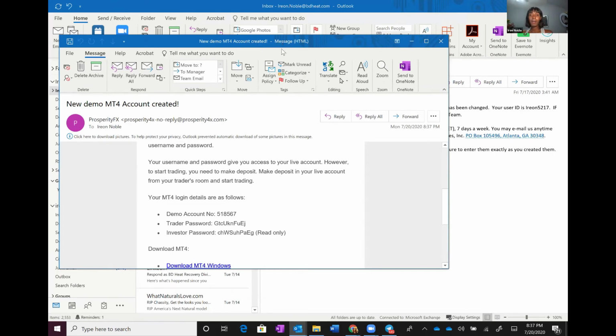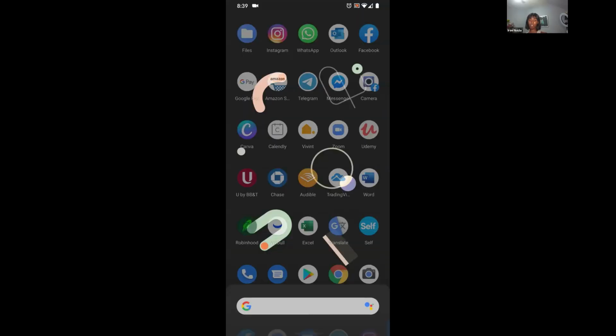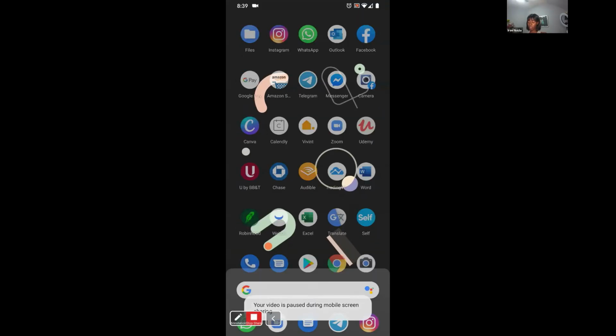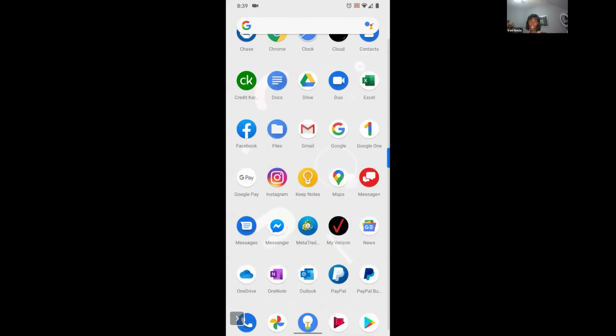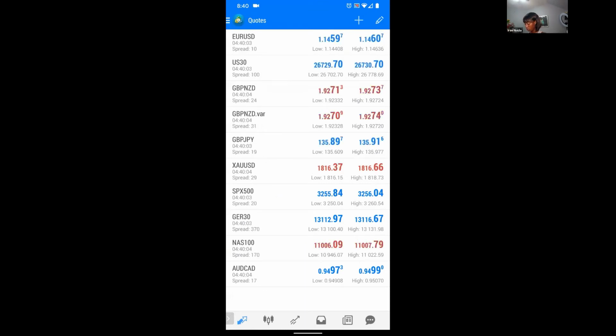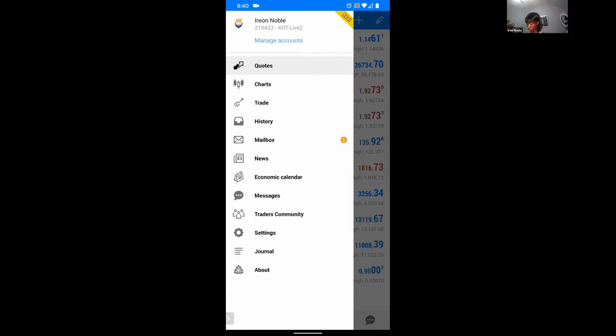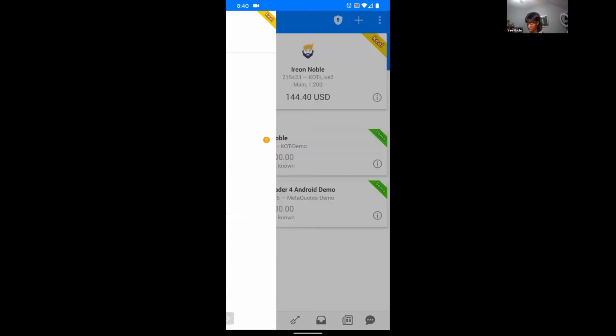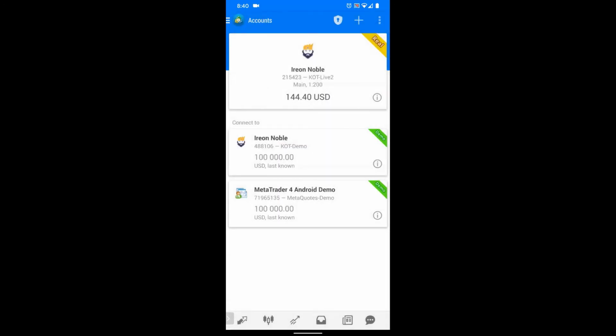And I'm about to log in on my phone. All right, so this is my phone, and I'm about to go to MetaTrader4. I have an Android, but I had an iPhone, and it's the same thing. You see that? This is like, trade. So what I'm doing is I'm going to manage accounts.